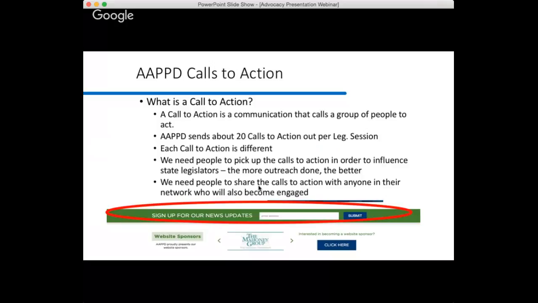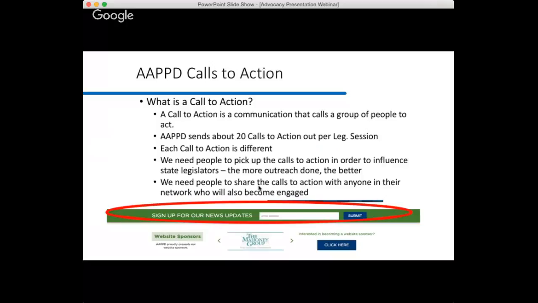Believe it or not, people don't often engage with their state legislators. So to the extent that we can be out there educating people and touching base with them frequently, that's very significant. And obviously, the more of that we can do, the more traction we are going to gain on whatever our issue is and whatever we are trying to move forward.